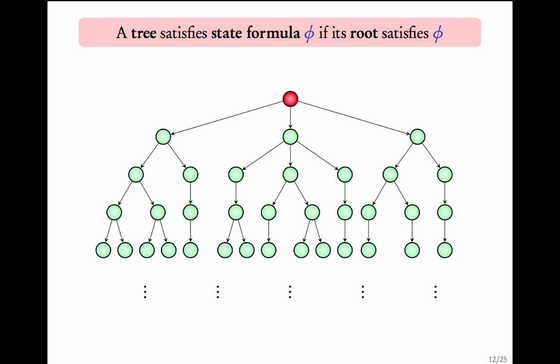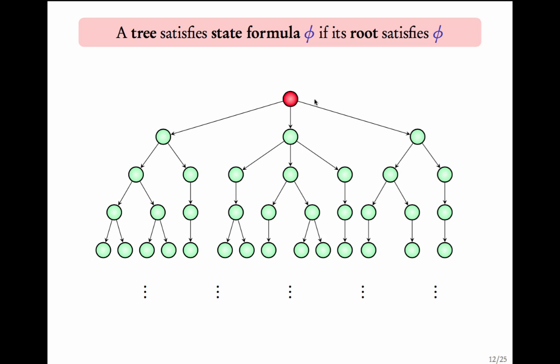Now, we saw when a state in a tree satisfies a state formula, when a path in a tree satisfies a path formula, and now when does a tree, suppose you're given just the tree and the state formula, when does the tree satisfy the state formula?